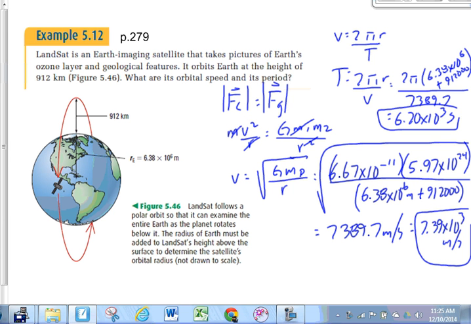There's also a good chance that you'll have a question where you'll have to do this first to find speed and then plug it into this to find something else. Does that make sense? It doesn't matter. Okay, if you're dealing with a period in the context of this, then in all likelihood, you're going to end up with both of these equations, 2 pi r over t, and Fc is equal to Fg. Let's try these two questions, please.